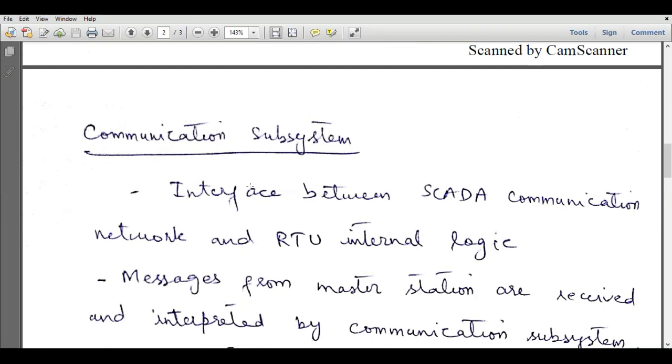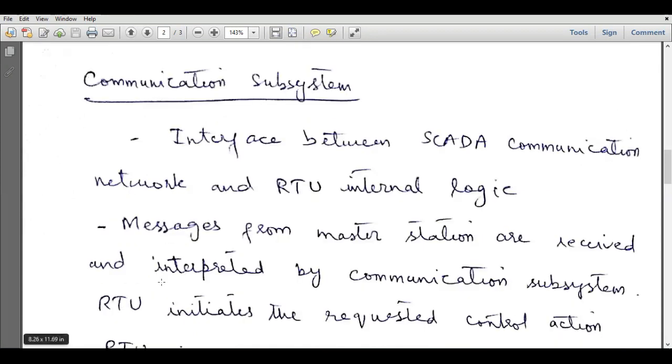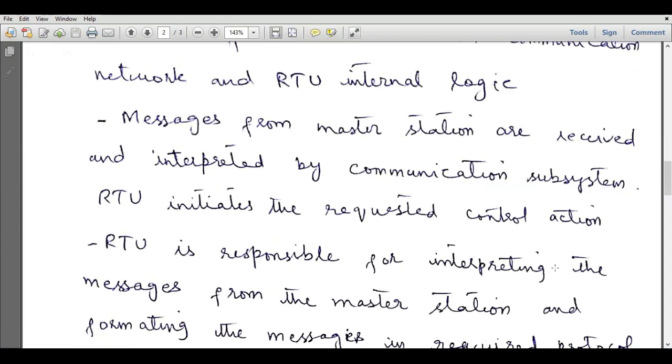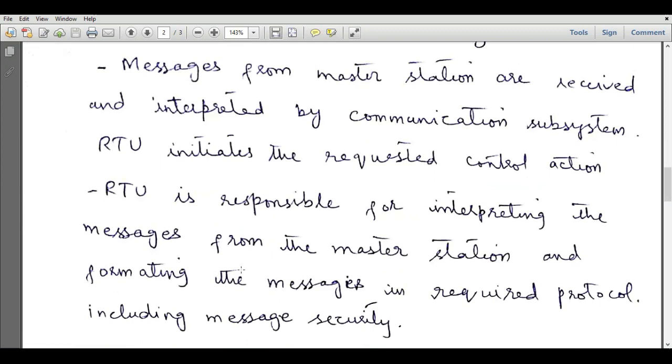Communication subsystem is an interface between SCADA communication network and RTU internal logic. So messages from master station are received and interpreted by communication subsystem. RTU initiates the requested control action, and RTU is responsible for interpreting the messages from the master station and formatting the messages in required protocol, including message security.